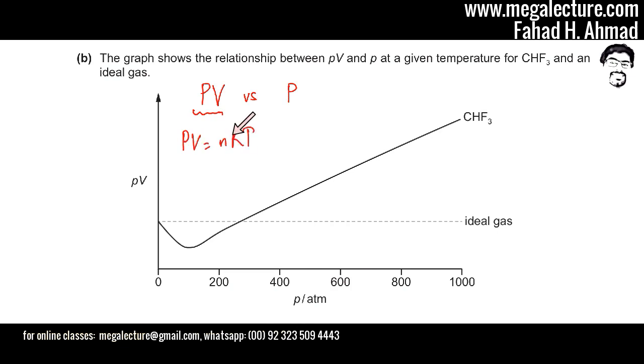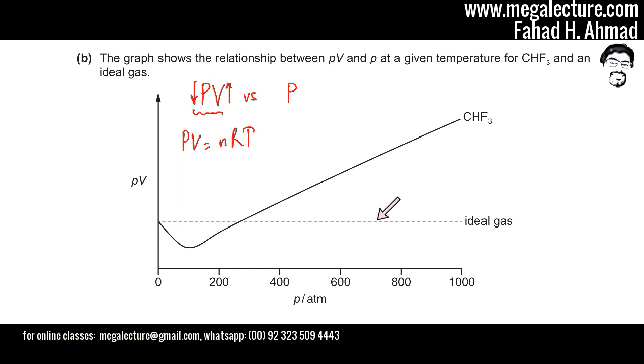If the number of moles of a gas is a constant, R is already a constant, the gas constant, and temperature is kept constant, then the product of pressure and volume is going to be a constant, because if you increase pressure, volume would decrease. If you increase pressure, volume would decrease for a gas, but the product would remain a constant. Vice versa, if you decrease pressure of a gas, volume increases, but the product pressure times volume would remain a constant. So for an ideal gas, PV is going to be a constant.